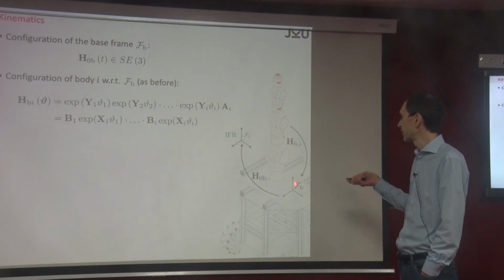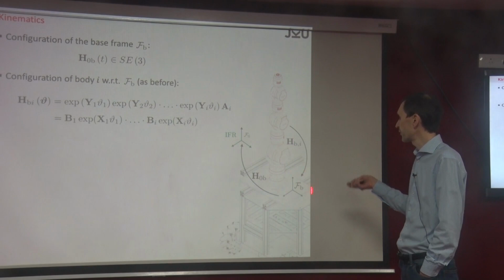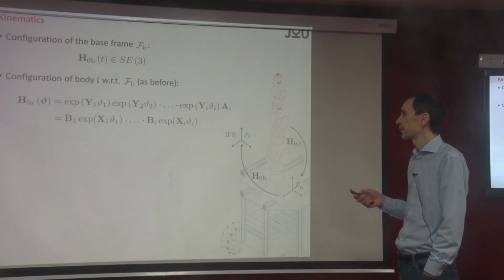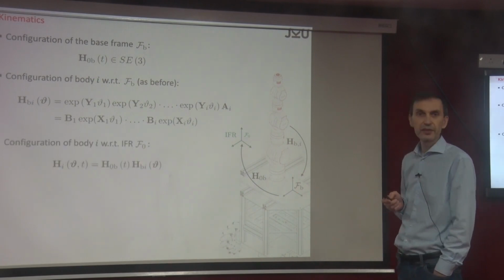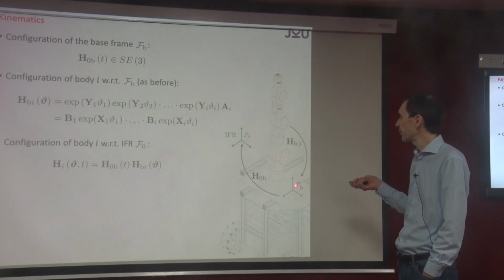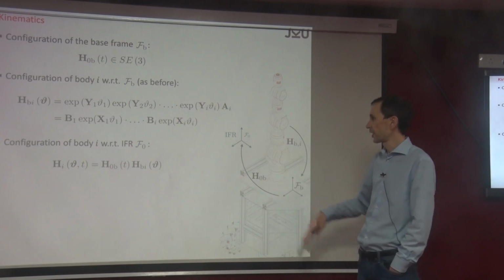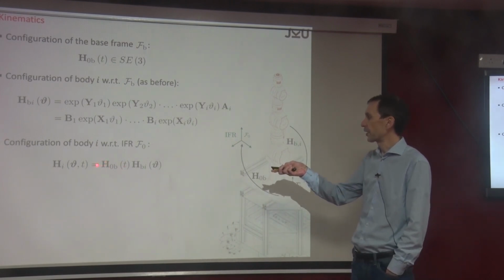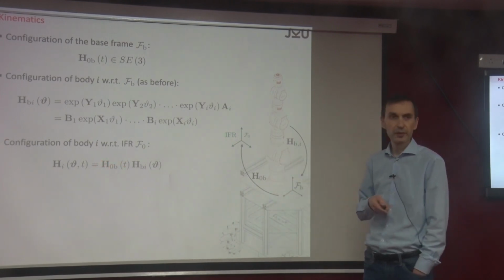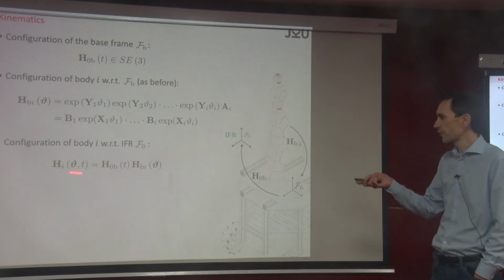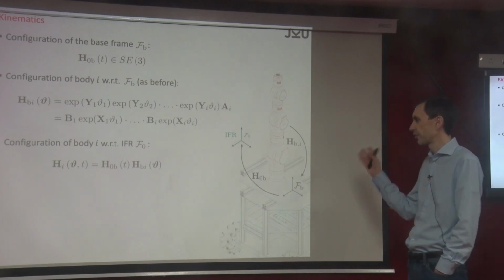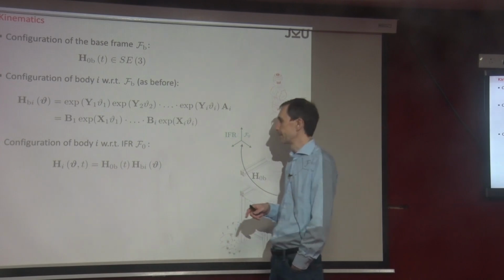But this gives you the motion of body I relative to this frame. So what we have to add is the motion of the base frame relative to the inertial frame. The base, whatever it is, is moving, and this is encoded into H0B. And H0B is just a function of time. Somehow it's moving.